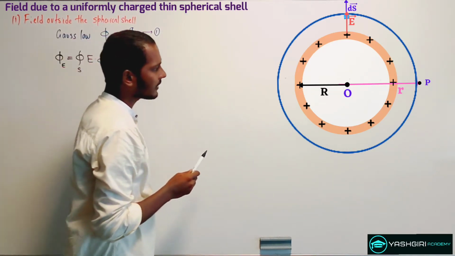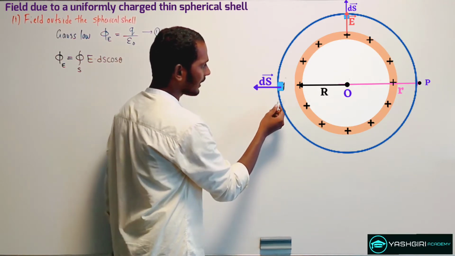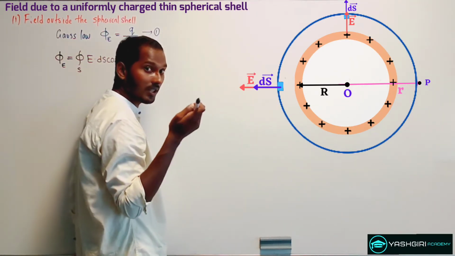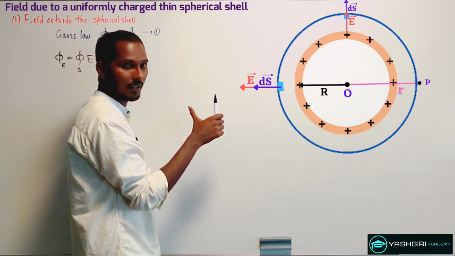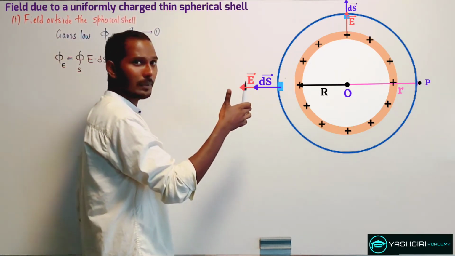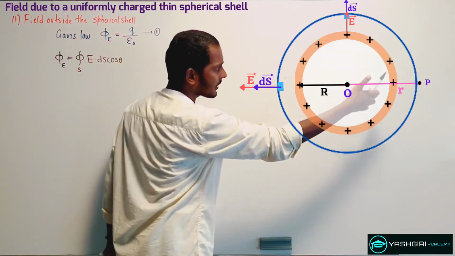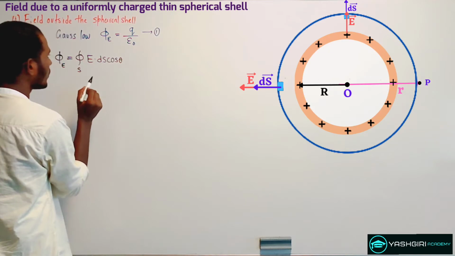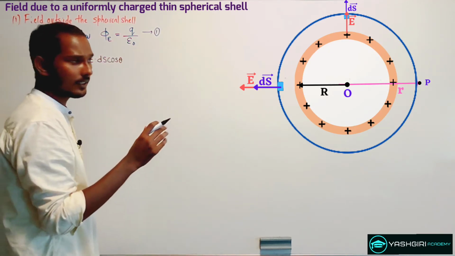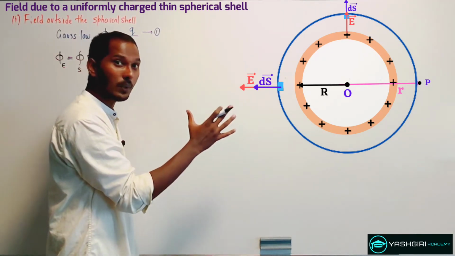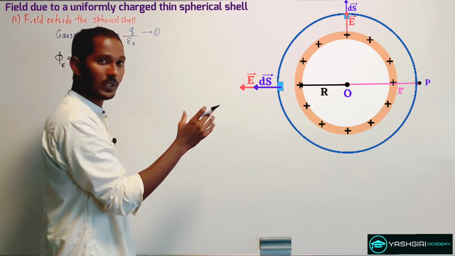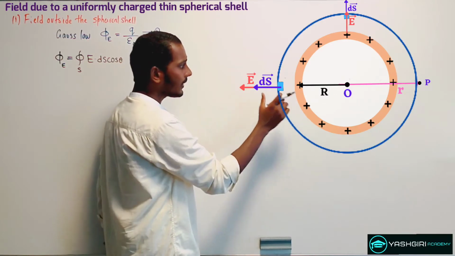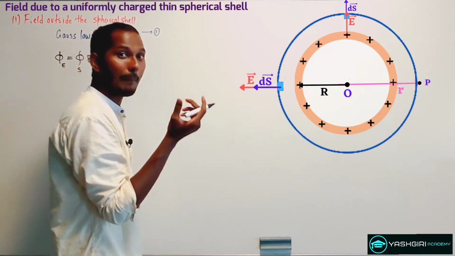Correct? In the same way, if I just take it here, you see the electric field is pointing towards the left, while the unit vector of your surface area is also pointing towards the left. So in general, it will be the same for all the points available on the Gaussian surface, right? So in that case, I can say theta is equal to 0. Yes, the unit vector of this entire surface area and the electric field lines are parallel.